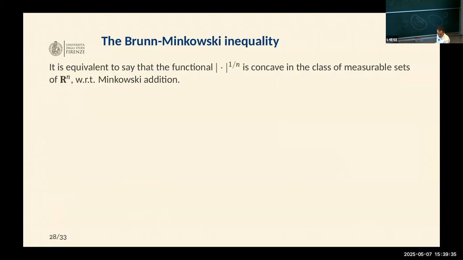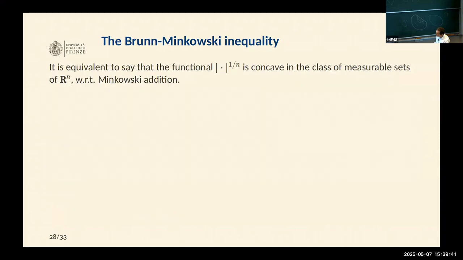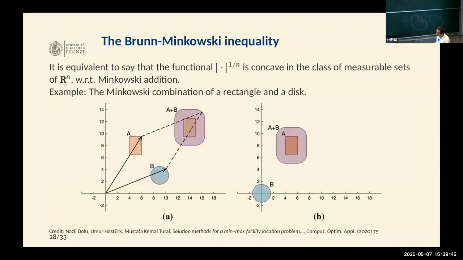So let me show. Another way to express this inequality is to say that the volume raised to power 1 over n is concave in the class of sets. Let me show you how you can perform this addition. Take a square, take a disk, you make this addition. It means that you take any point here, you see this like a vector, any point here, you see this like a vector, and you make the addition of these 2 vectors, you have this point.